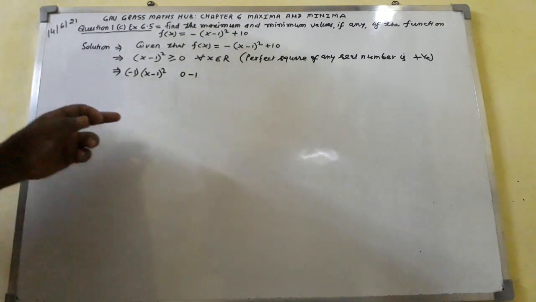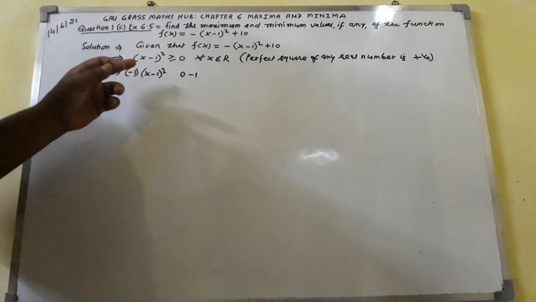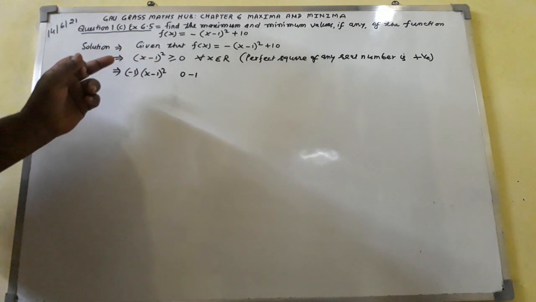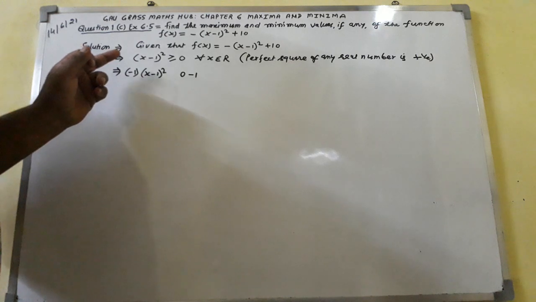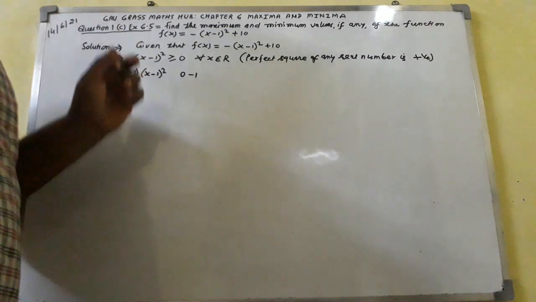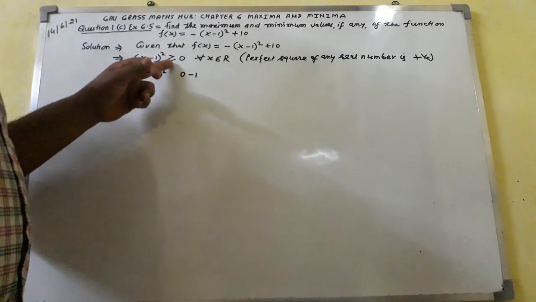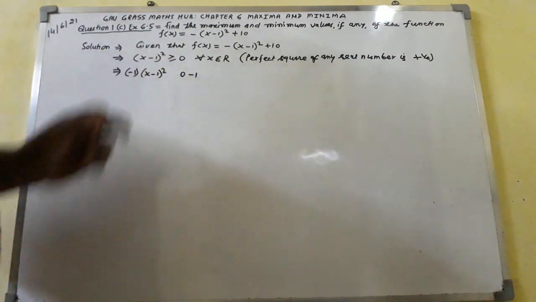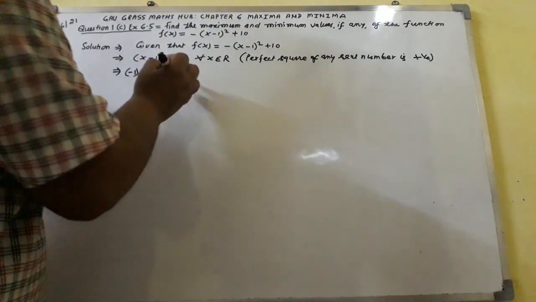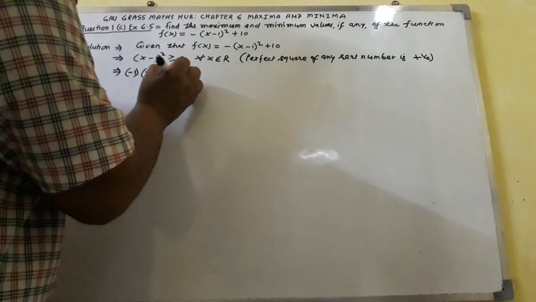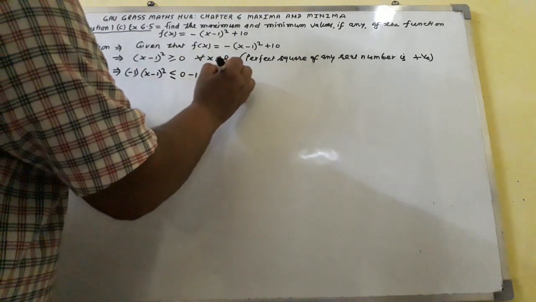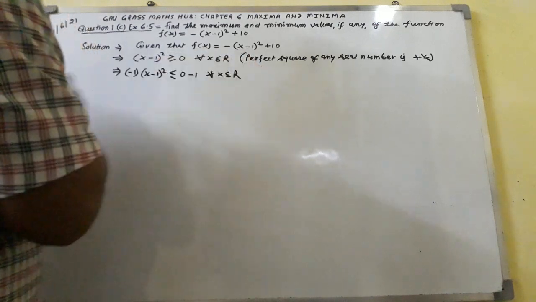There is a rule: when an inequality is multiplied by a negative sign on both sides, then the sign of the inequality will be changed. So here greater than or equal to comes out to be less than or equal to. Here I shall write for all x belonging to the set of real numbers.